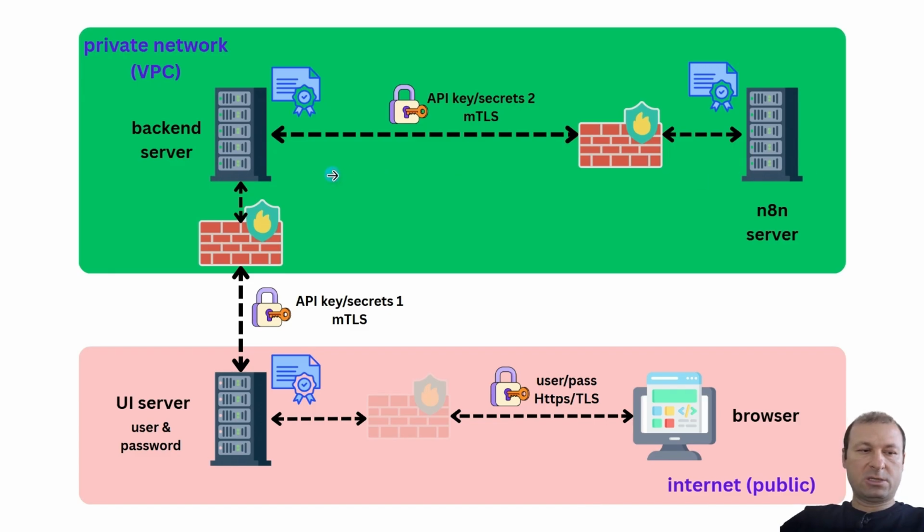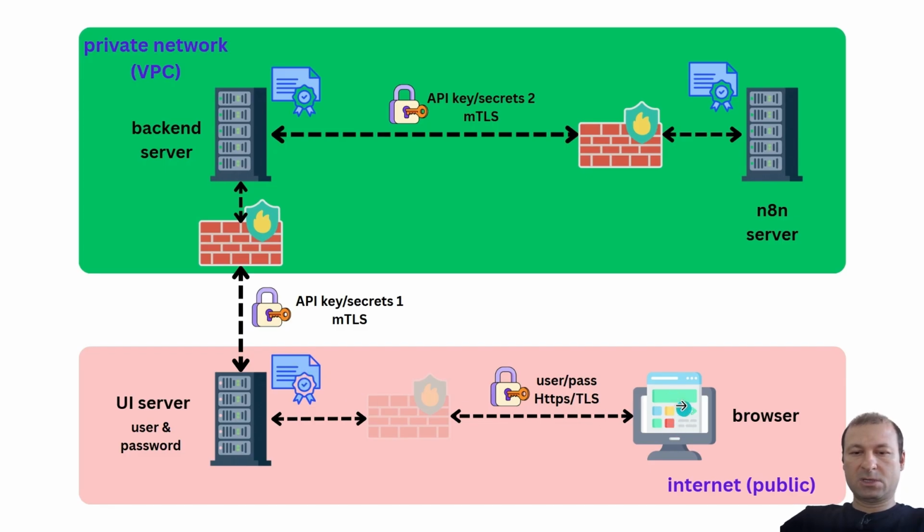And now let's check the diagram. So here at each server, you see I have put this certificate icon. Each server has its own certificate. This is for the UI server. And like I said, this certificate must be issued by a trusted and well-known certificate authority.